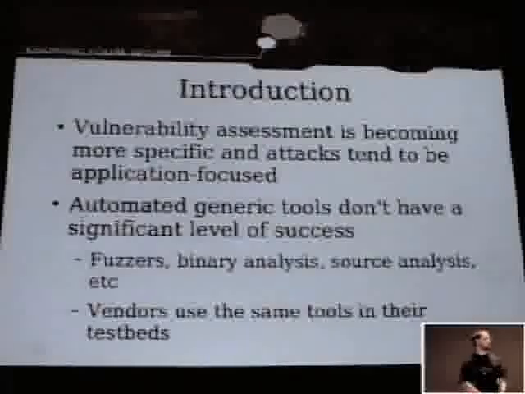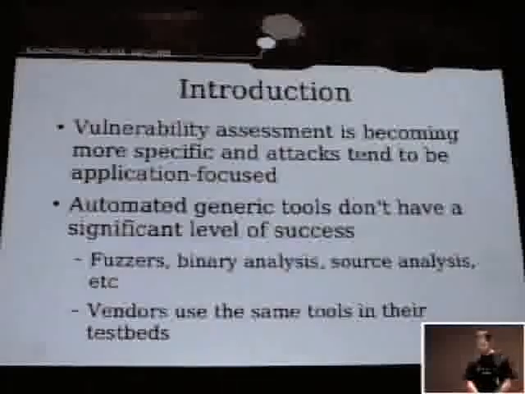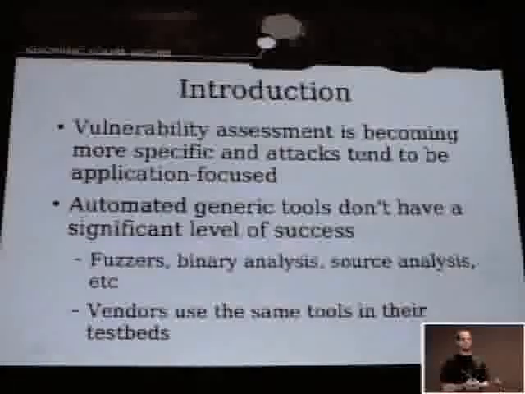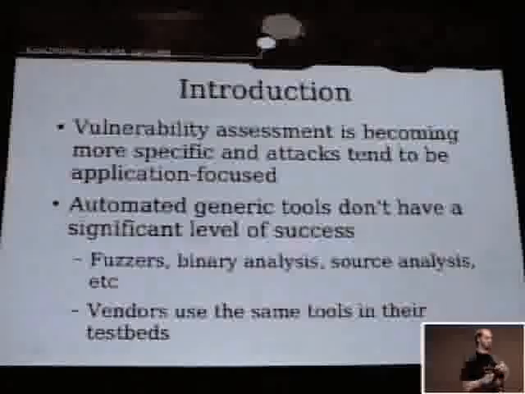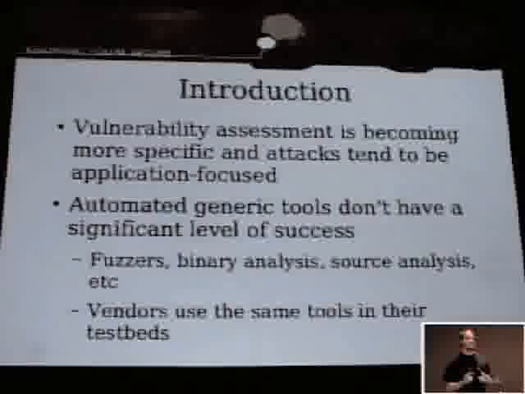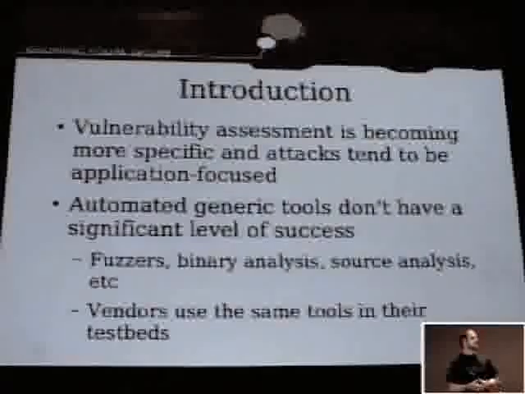First of all, vulnerability assessment is becoming a really specific task, because generic fuzzers, blind fuzzers, and source analysis tools are already used by the vendors themselves in their testbeds. So we can't use the same tools for attacking.